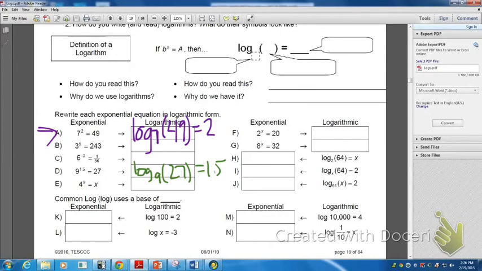Now let's skip over here and do H. It's in log form. Let's rewrite it back in exponential form. We're going to start with our base. What's our base? 2 raised to the x power equals 64. So we can rewrite them as one or the other.